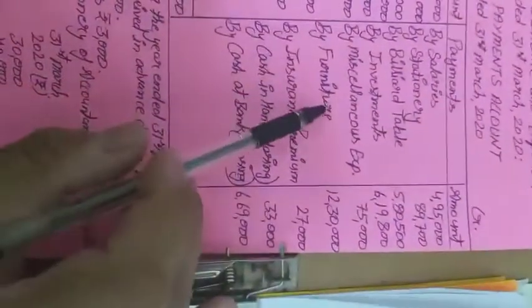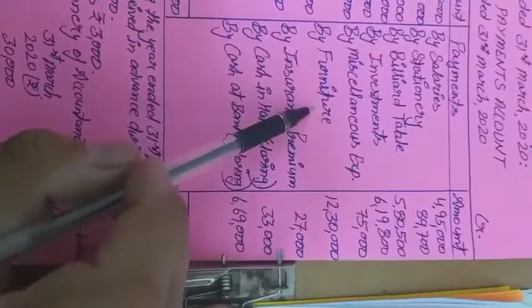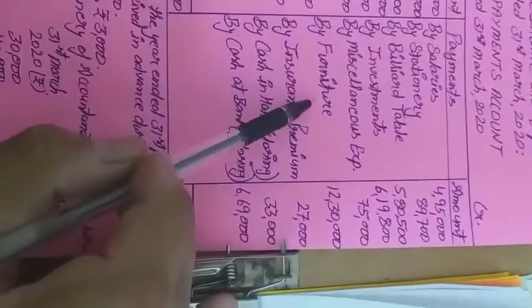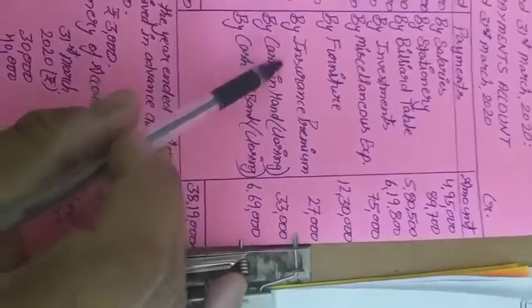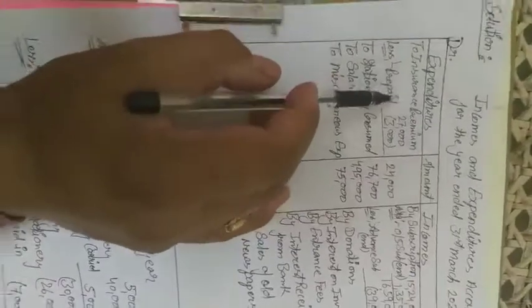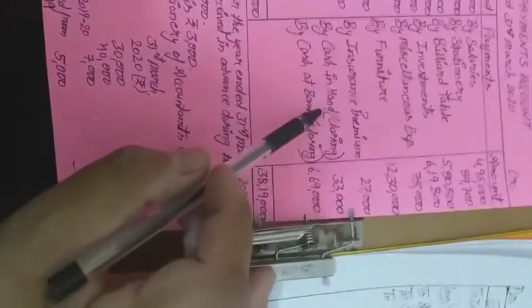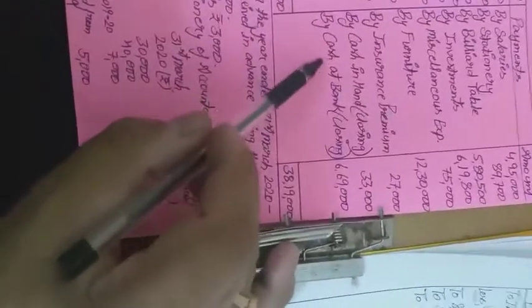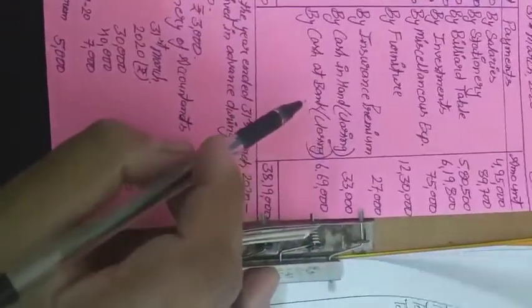Next one is furniture. Furniture is also related to the balance sheet or the capital ledger, it will not show. Insurance premium, already we have written because the adjustment was given. Next, cash in hand is related to the balance sheet, and by cash at bank, this is also related to the balance sheet. So all the adjustments and transactions we have written in the solution.